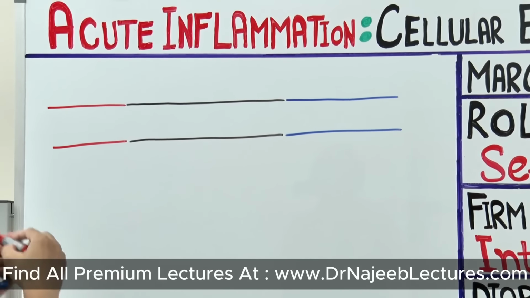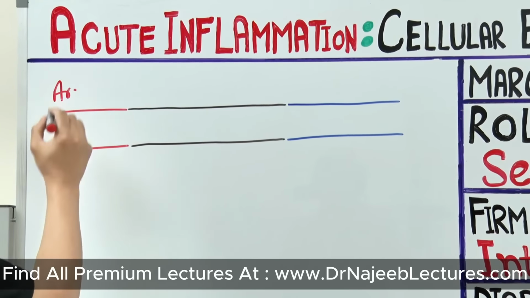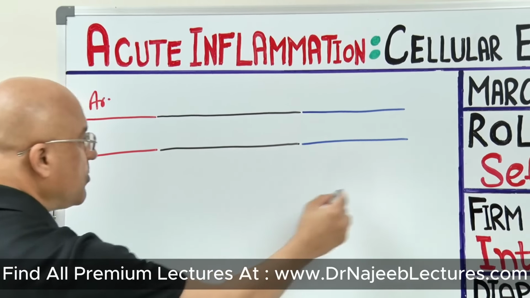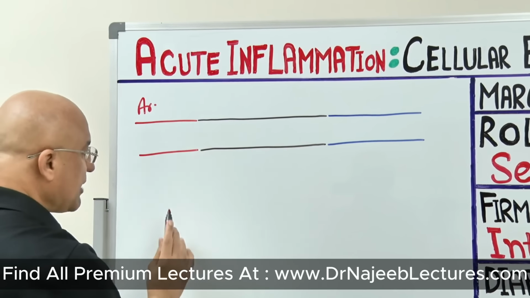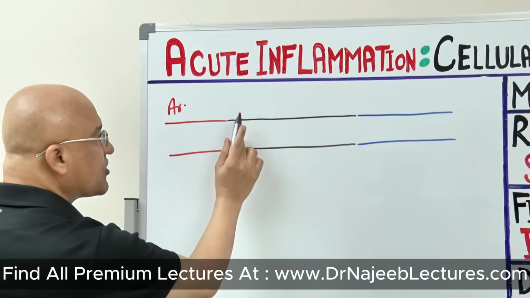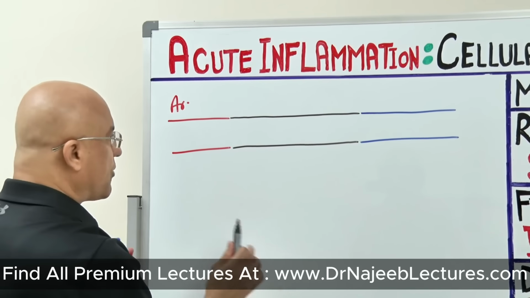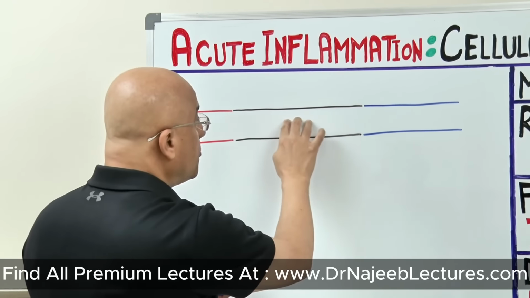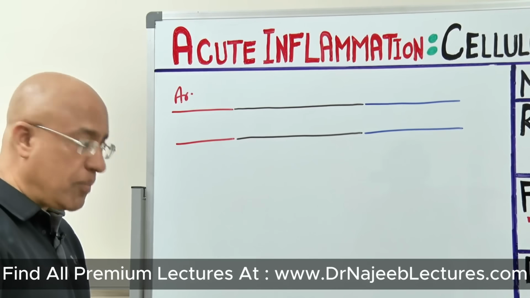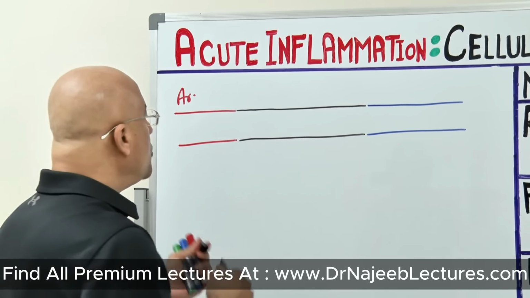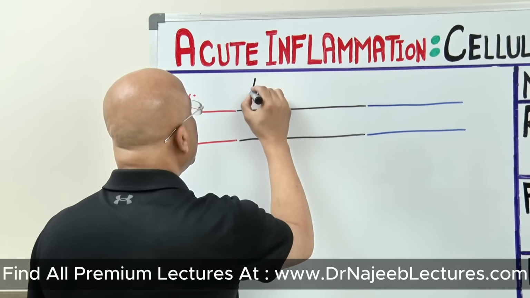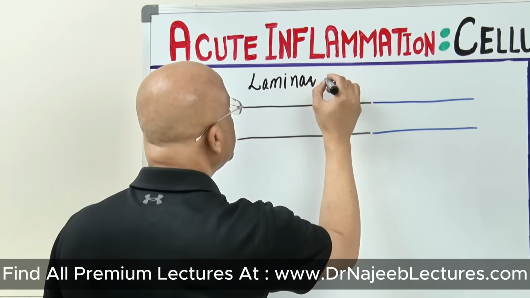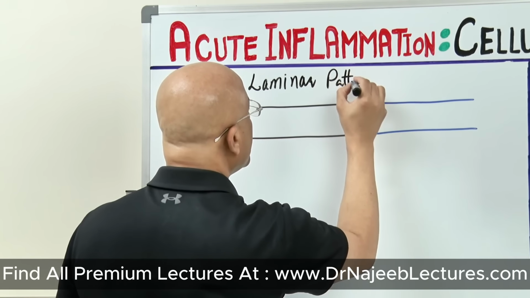This is supposed to represent the normal circulatory system, and then I will compare it with the circulatory system in an injured or inflamed tissue. Now in normal tissue, how is blood flowing through the microcirculation? We call normal blood flow laminar blood flow, a laminar pattern of blood flow.